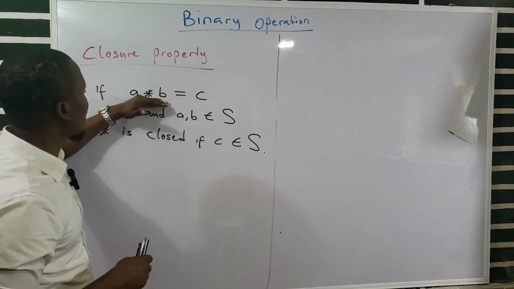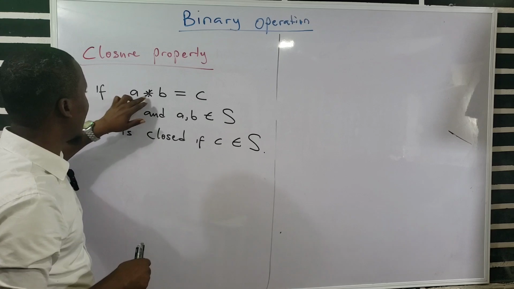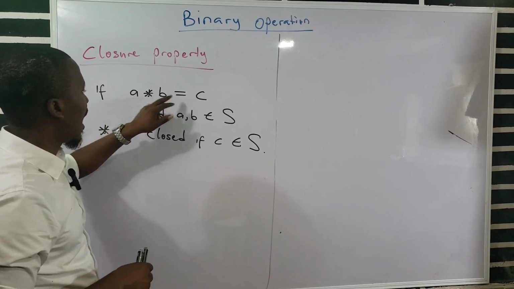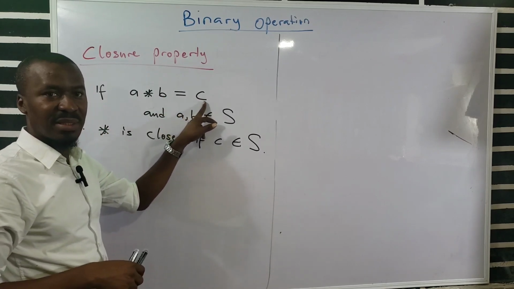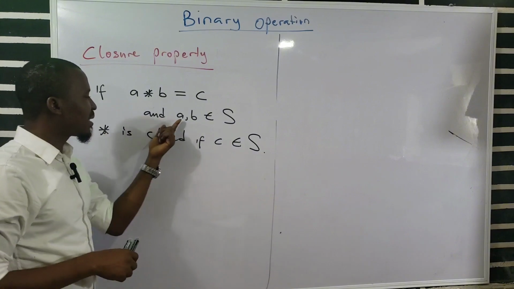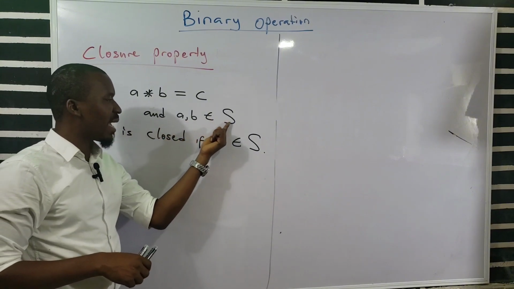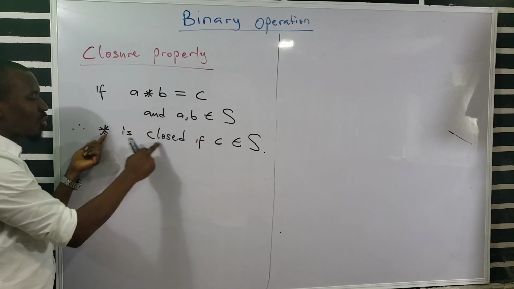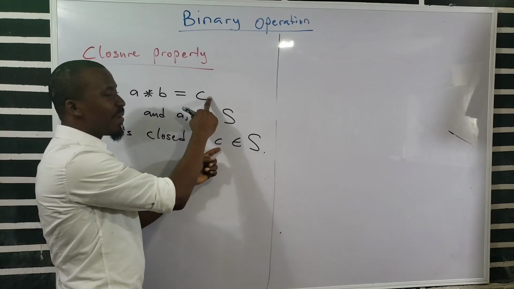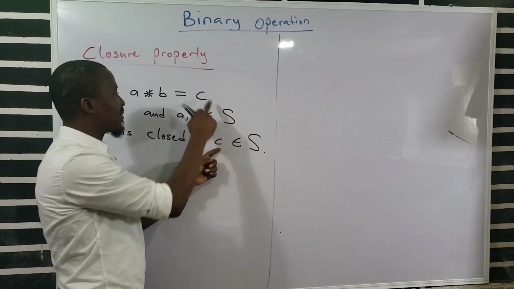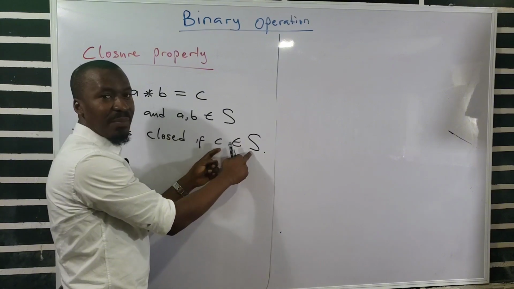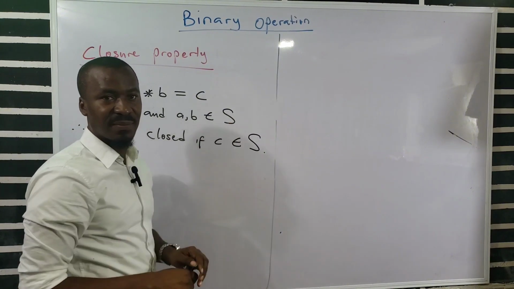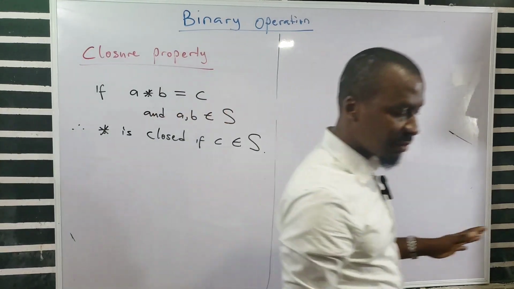If I carry out a rule of combination between two elements A and B, and I get another element C, and I know that A and B belong to a set X, the operation is closed if the third element that I got as my answer is also an element of what? Set X.